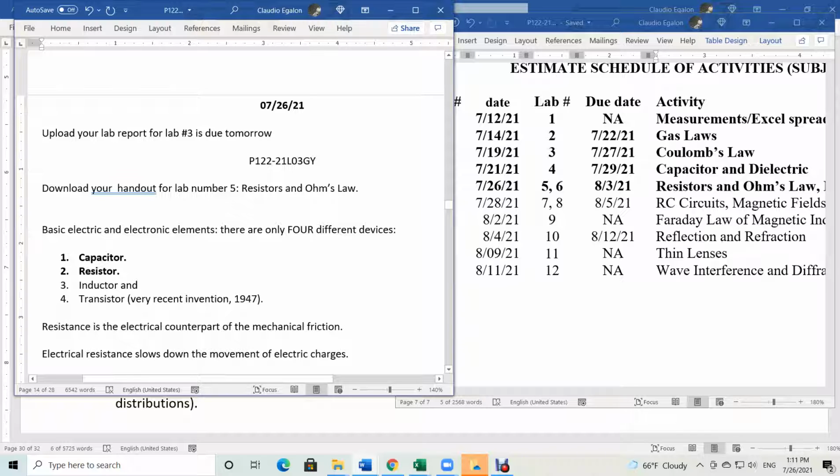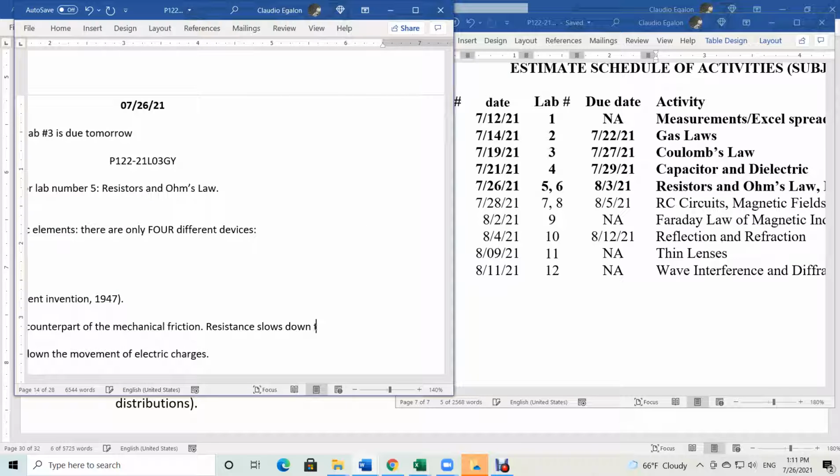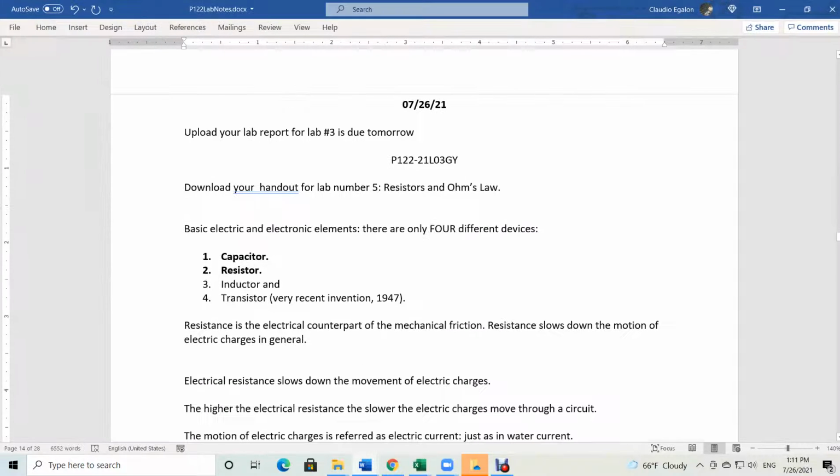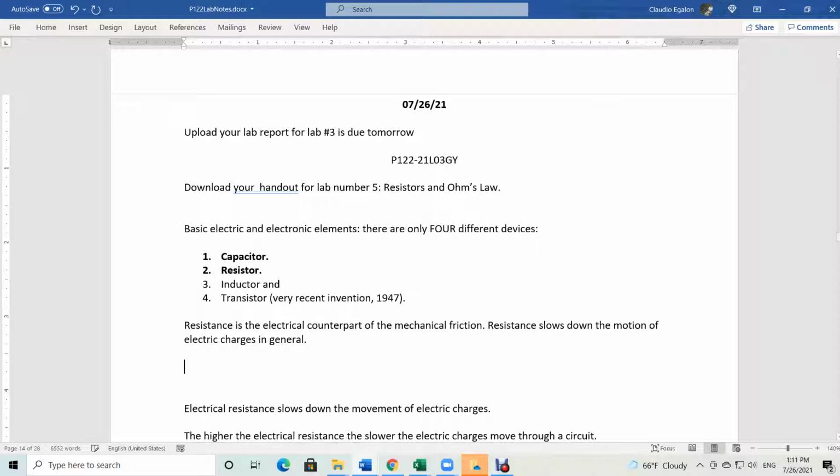So resistance slows down the motion of electrons, not just electrons, but electric charges in general.